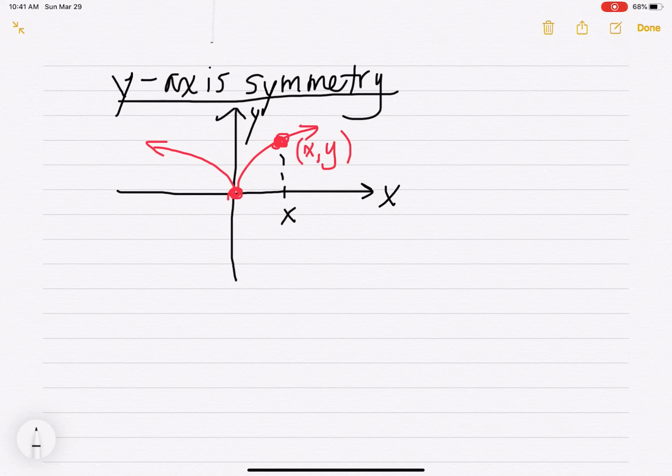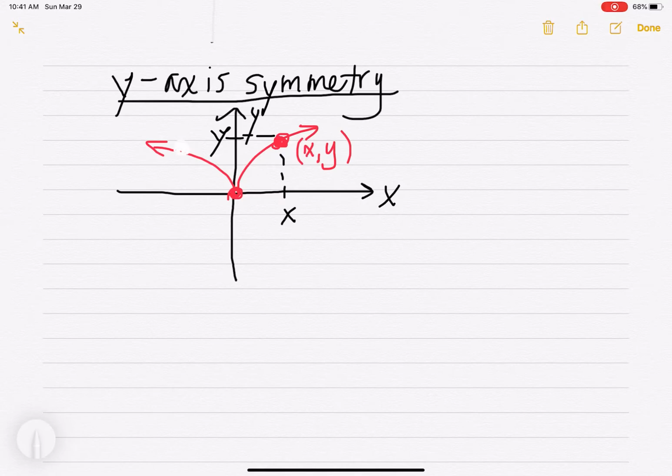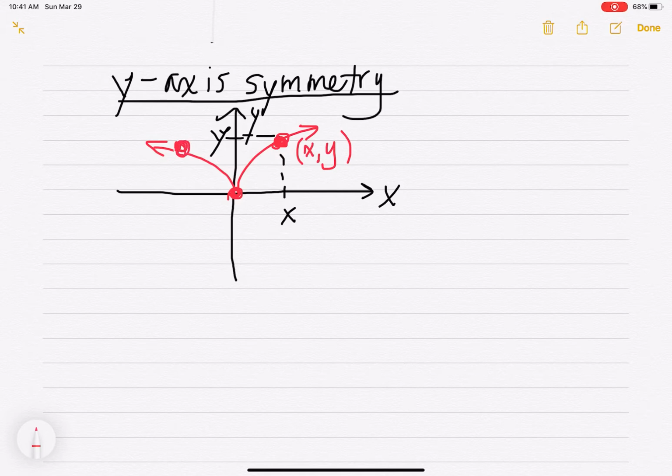So I have an x coordinate of x, y coordinate of y. If you look over there in the second quadrant, you're going to have a point on the opposite side. This point over here is going to be, negative x comma positive y.